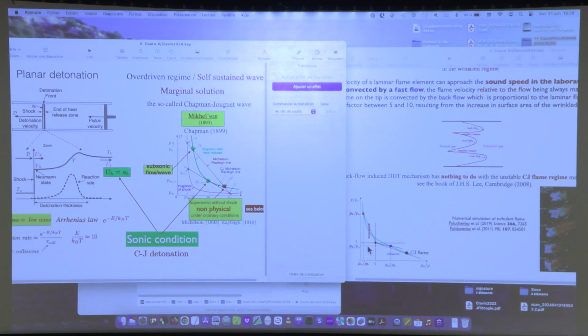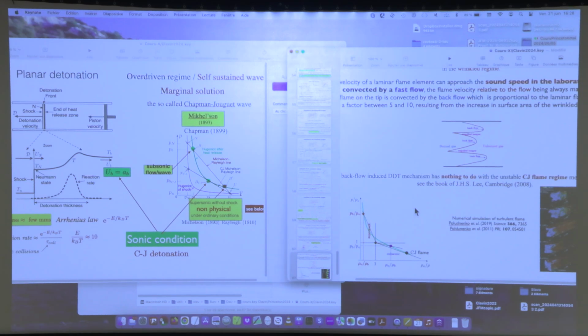But now, if you have a wrinkled flame, John Lee, who was not the first one to do that, considered the structure called a flame using a Michelson-Rayleigh line, which is written here, okay?